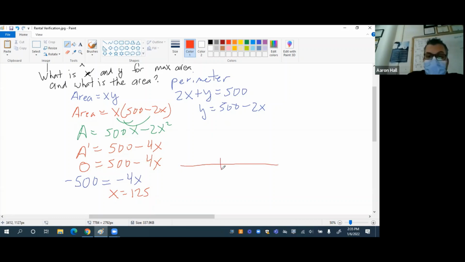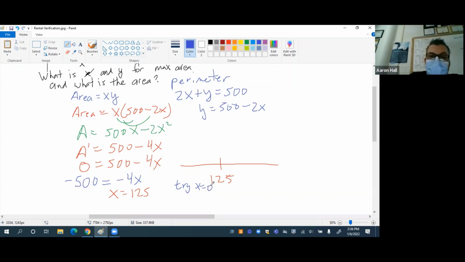So this is our x value of 125, and so what should I test over here? 100. If I can select anything below 125, wouldn't 0 be a nice handy number to pick? Try x equals 0.